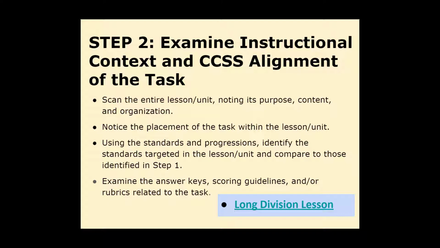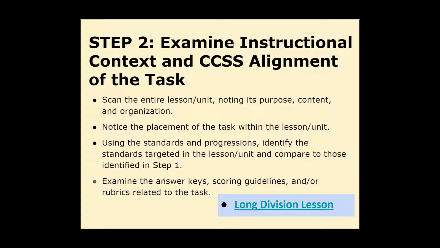Then we're also going to analyze the quality of the alignment between the standard that she aimed to address and the actual standards in the Common Core State Standards, and also look at the progressions to see if we are fully understanding what is required.